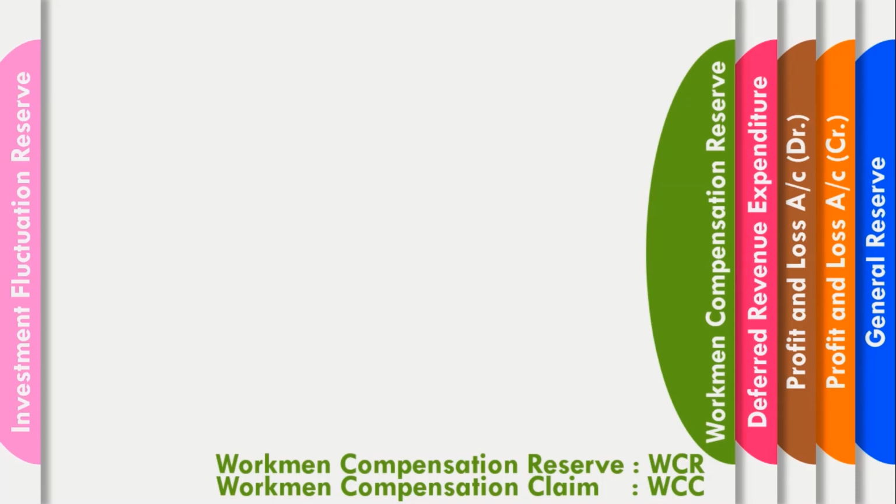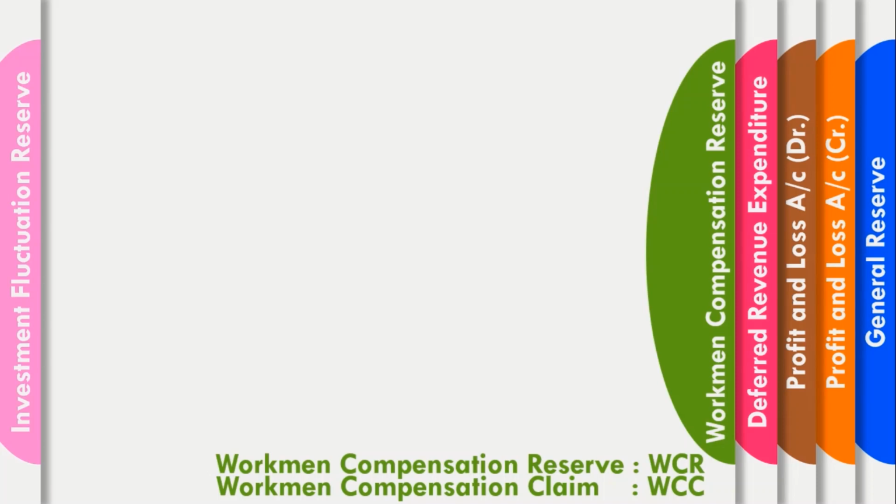Now, what are these? In our firm, there are workmen who are working for us. Now, these workmen, if they get any hurt or any illness or any disease in the course of business, we, the firm, will have to compensate them for that mishappening. And for giving the payment, it can happen anytime.